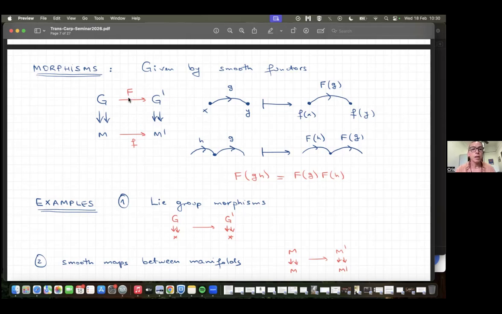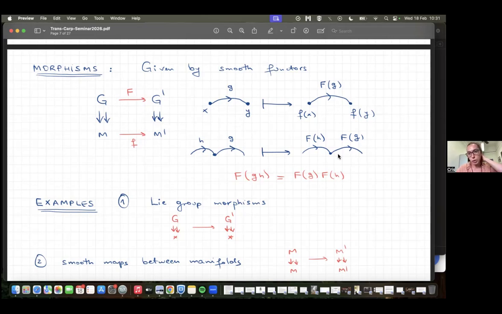So this means that we have two maps: at the level of morphisms, capital F, and at the level of objects, small f. And capital F takes arrows between objects to arrows between objects, and composition into composition.